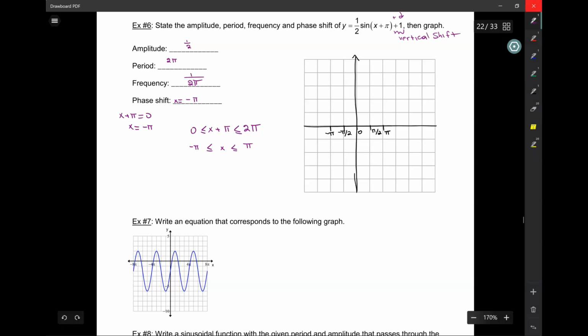So I draw the axis of oscillation at y equals 1. This is what I call the axis of oscillation. You don't have to write those words and label it for me.